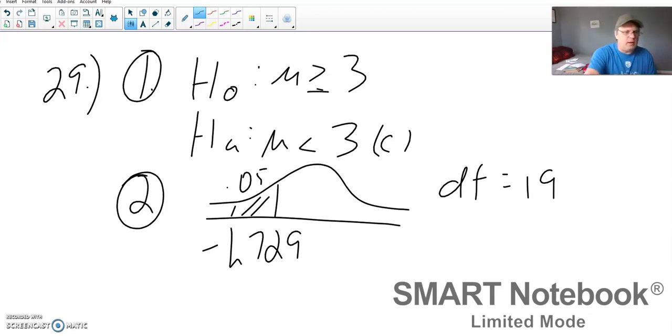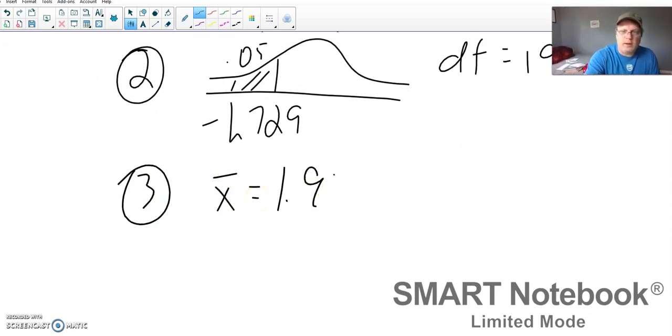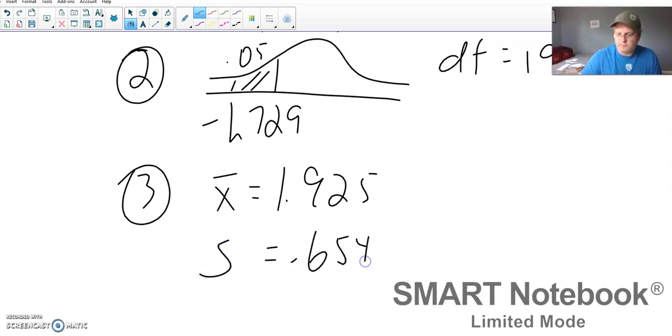Step 3. Now remember, you had to put the values in. So we had a mean of 1.925 and a standard deviation of 0.654.